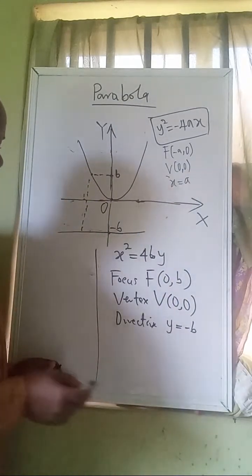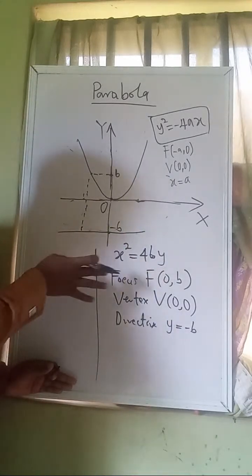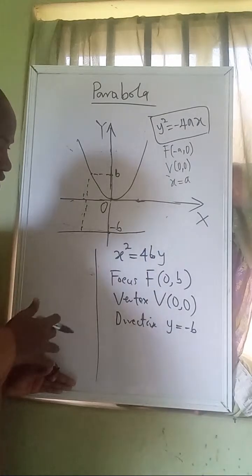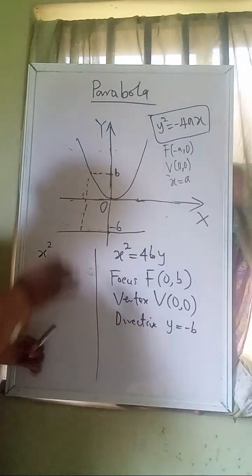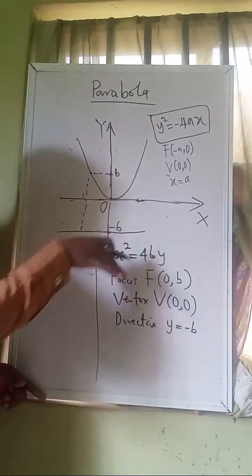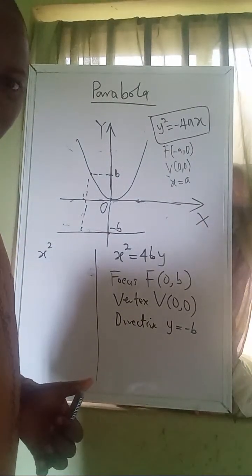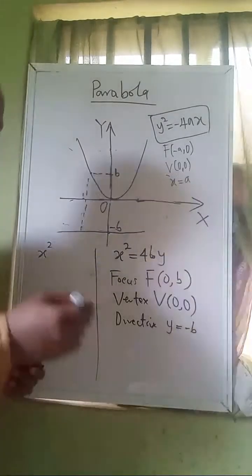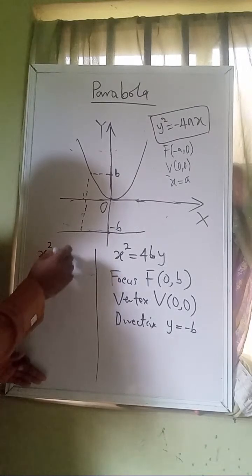So finally, the last parabola, let's quickly look at that. I will just deduce that from here, without the drawing. We'll see that the focus of this parabola is negative b in that case, and this will be negative 4by.